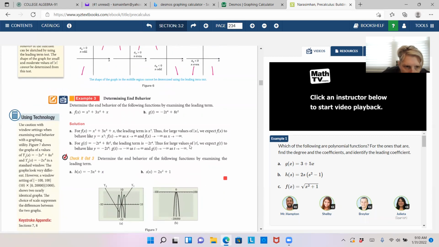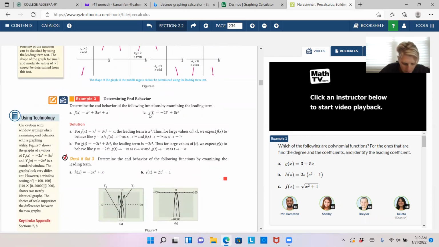So you can see the example here on page 234, that the leading term on A is a positive x cubed. That means it's going to move in opposite directions, and it's going to end in a positive way because the coefficient on the x is a 1.